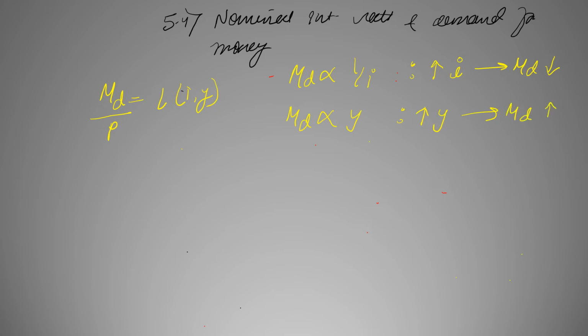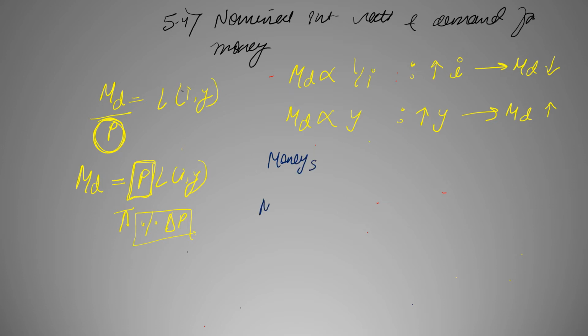But right now we are not taking into consideration price level. If we shift it to our right hand side, you can see this P is nothing but inflation, the percentage change in price level. So we can form a link now between money supply and money demand. When they are in equilibrium, which means both are equal, it will give us the price level.